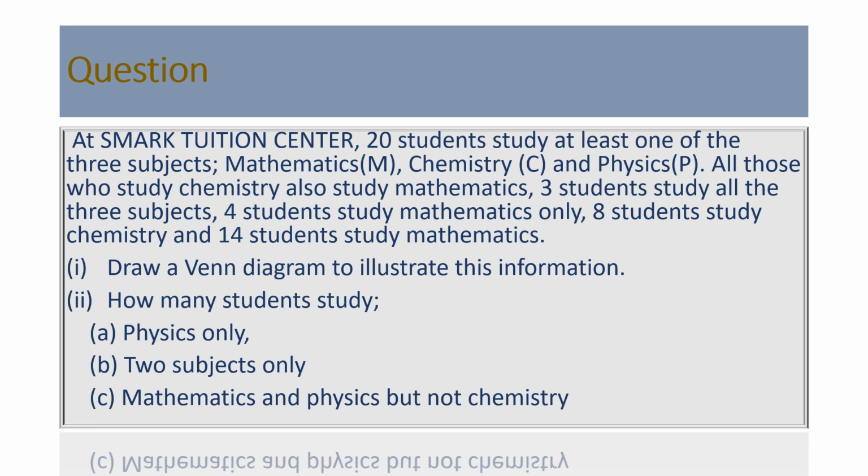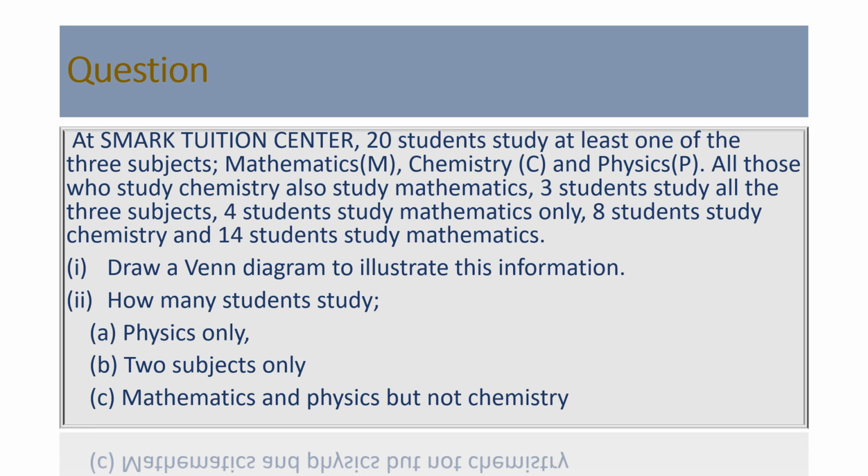Here's the question. At SMARK Tuition Center, 20 students study at least one of the 3 subjects: mathematics, represented by M, chemistry, and physics. All those who study chemistry also study mathematics. 3 students study all the 3 subjects. 4 students study mathematics only. 8 students study chemistry, and 14 students study mathematics.